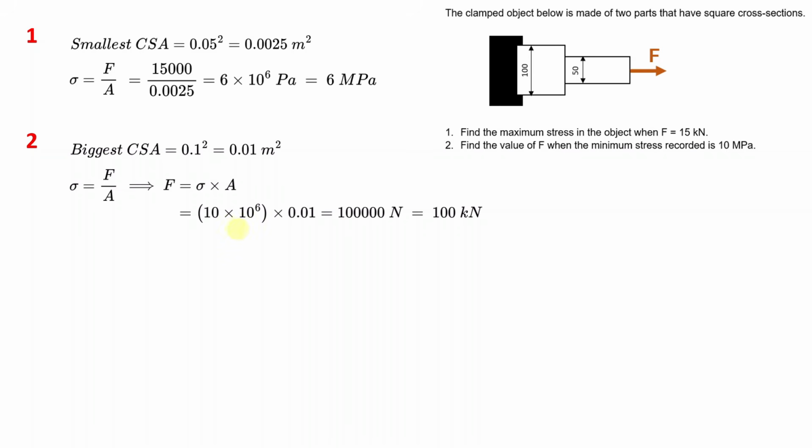Very, very important. You multiply that by the area and that gives you the force in newtons, and then you can write it in kilonewtons as 100 kilonewtons. And so that's all that you needed to do for this question.